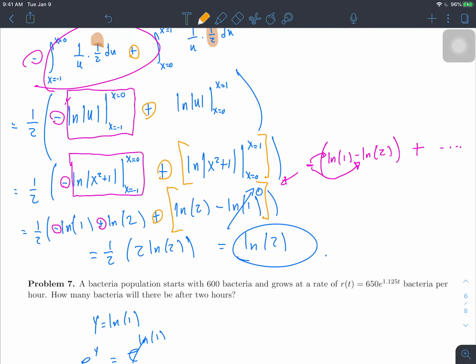So we plugged in 1 first, that's how we got this ln 2. And then we plugged in 0, that's how we got this ln 1. And we should subtract them because the fundamental theorem of calculus says the integral from a to b of f of x dx is just going to be capital F of b minus capital F of a, where capital F is the antiderivative.